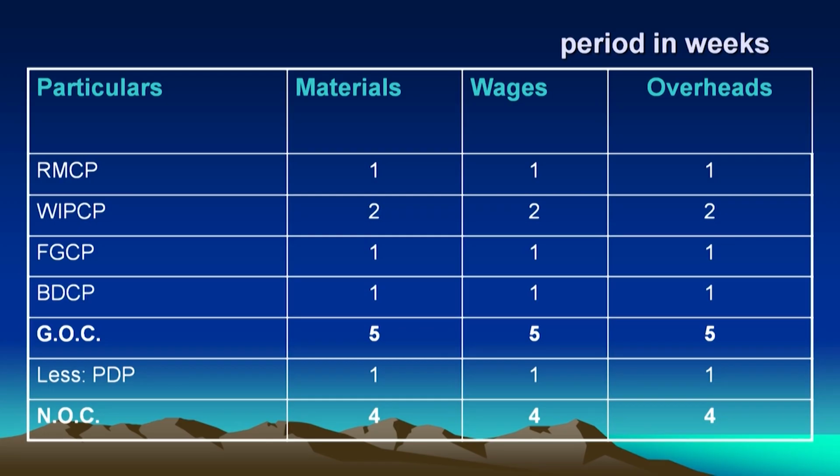The finished goods conversion period is 1 week, then the book debt conversion period is again 1 week. So, what is the total length of the gross operating cycle? That is 5 weeks, and less PDP, the payment deferral period, say for example it is allowed to this company as 1 week. So, it means the net operating cycle for this company is 4 weeks. So, this way we can calculate the operating cycle, which is an important concept.